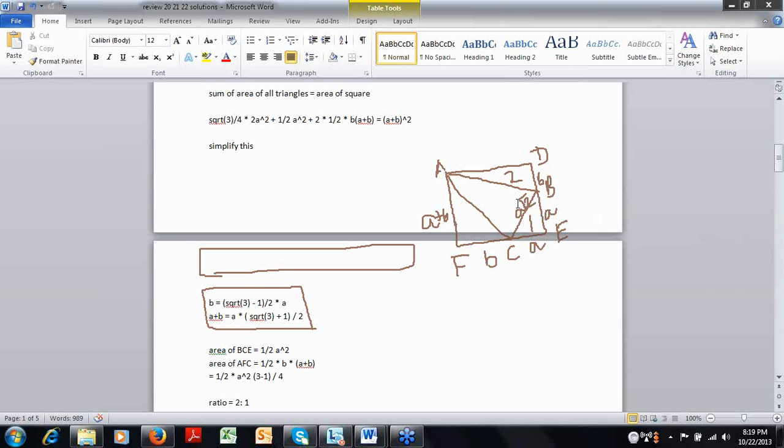It will be a root 2. Yes, it will make a 45, 45, 90 triangle. This is 45, this is 45, and this is 90.